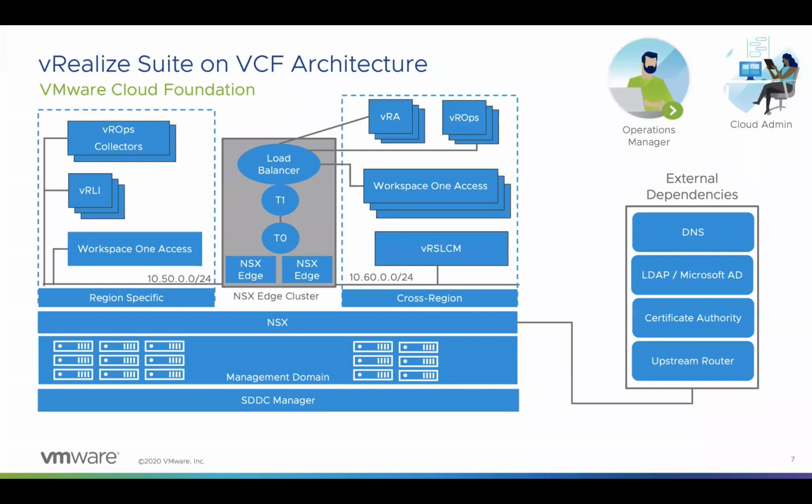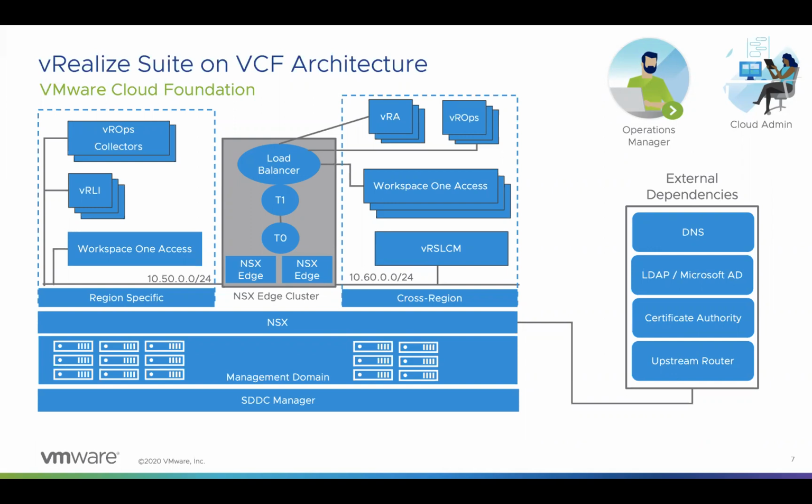So based on the complete multi-site architecture, we recommend the design to have two separate logical switches, region specific and cross region specific. A few components will be connecting to the region specific one. Why so? Because we don't have to protect those virtual machines for disaster recovery, as these components only provide service to the local site.